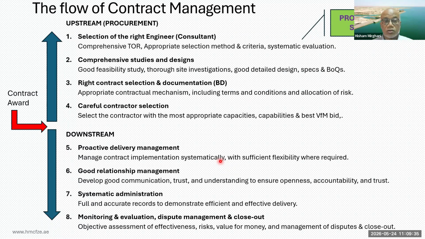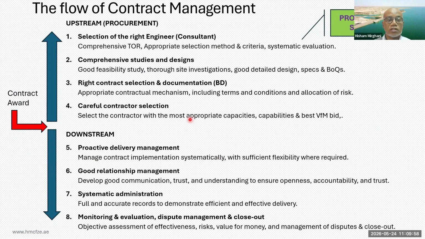And of course, the employer plays a prominent role in implementation of the procurement. Following signature of the contract, the engineer, of course, will play a prominent role together with the employer in the implementation of the contract. But in procurement, really the role of the employer is paramount.